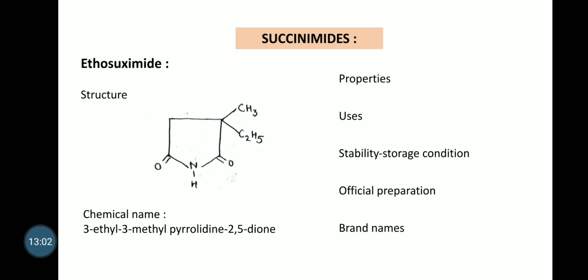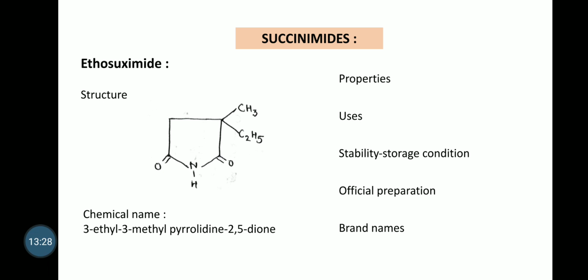Stability and storage: it is affected if stored at a temperature above 37 degrees Celsius, so store in well closed containers. Official preparation: ethosuximide capsule IP/BP, ethosuximide oral solution BP, ethosuximide syrup IP.